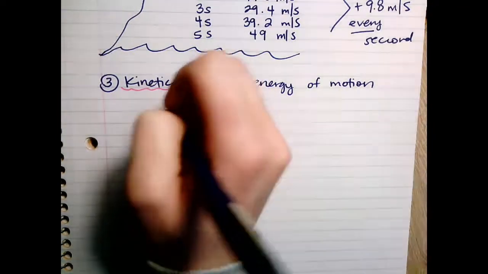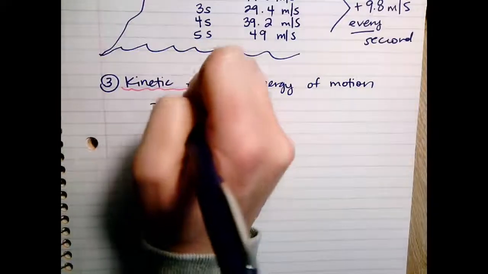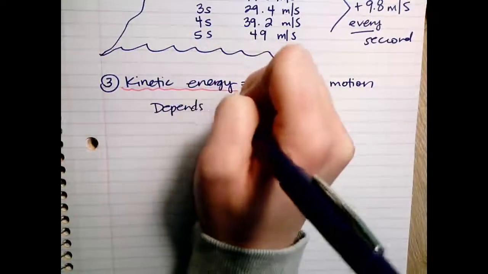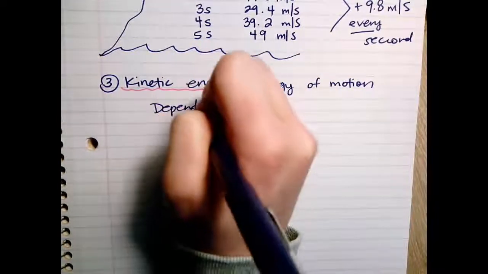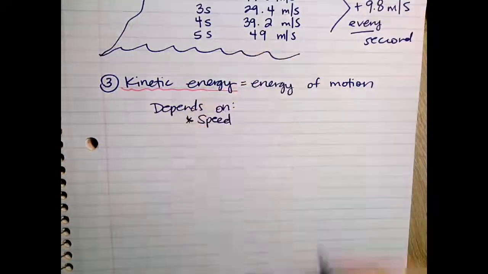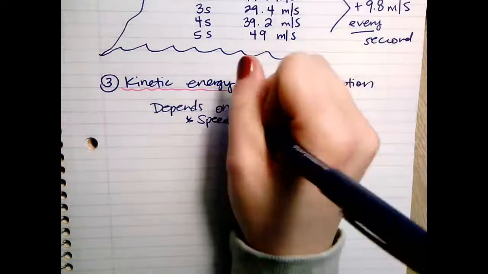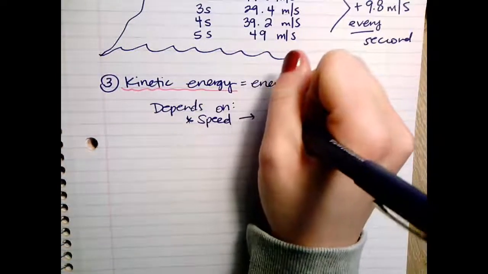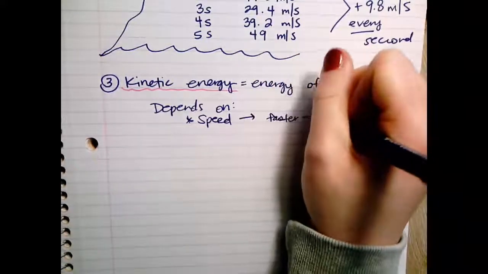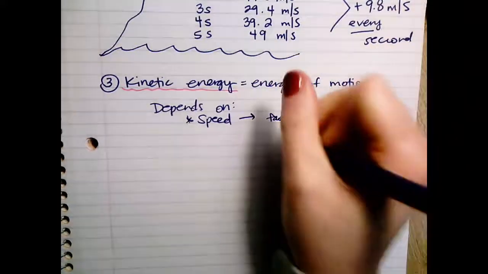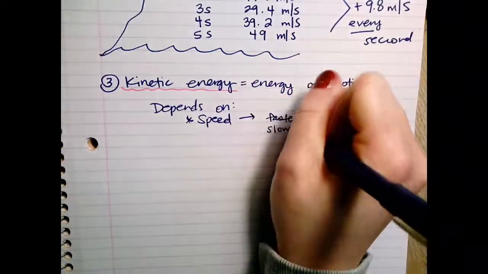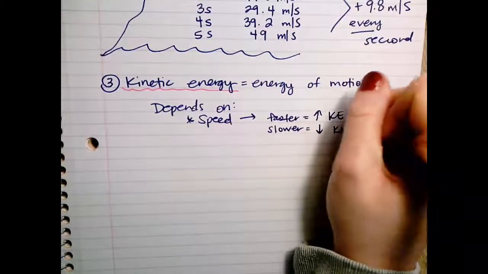Now, it does depend on 2 things. The first thing it depends on is the speed. What that means is if something is going faster, it has more kinetic energy versus when it's going slower, it has less kinetic energy.